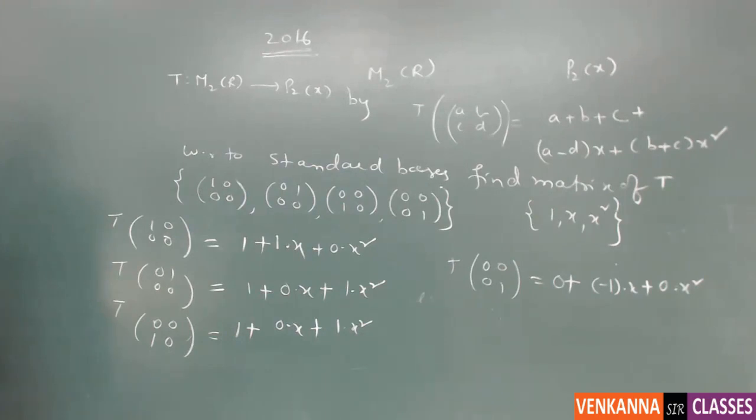Right. So if you observe, there is no need to write the linear combination separately again. So from this, if you write the scalars as columns of the matrix, this was the matrix of the transformation. Accepted? That's it.